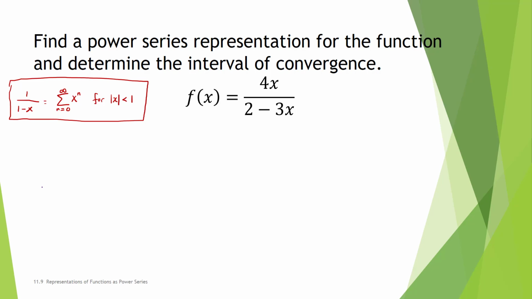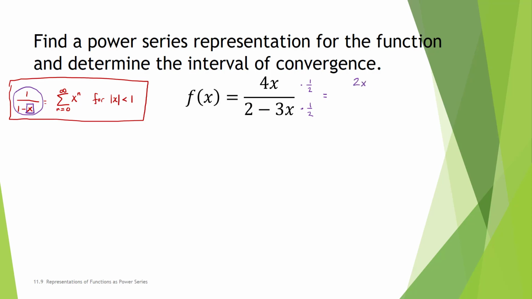Our goal is to write our function so that we see an expression that looks like 1 divided by 1 minus x, except this doesn't necessarily have to be just the variable x. Because I need a 1 in the denominator, I'm going to multiply the top and the bottom of this fraction by 1/2.